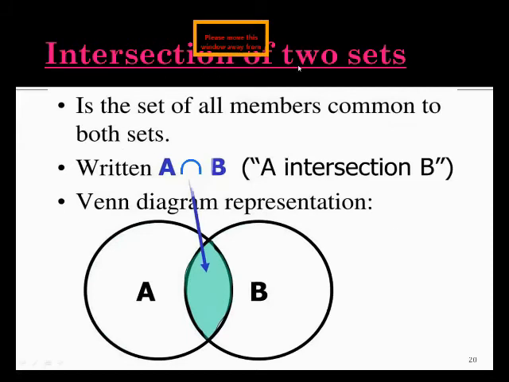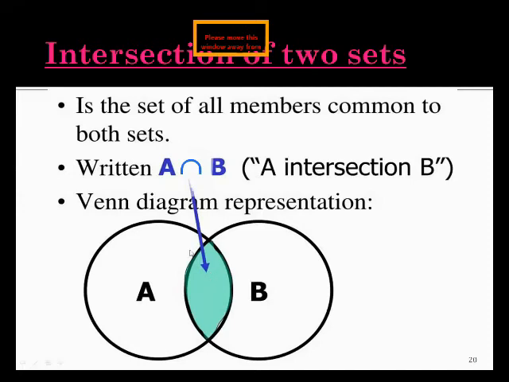The intersection of two sets is the set of all members common to both sets. It is written and read as A intersection B. For the Venn diagram representation, we draw two circles which are overlapping with each other, this is set A, and this circle is for the set B, and the central part represents the intersection of two sets, because this section contains the elements which are common in both sets.